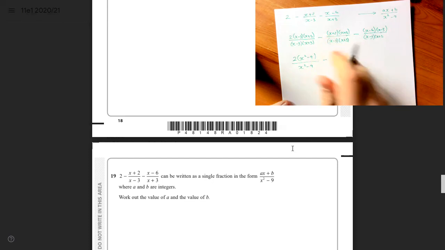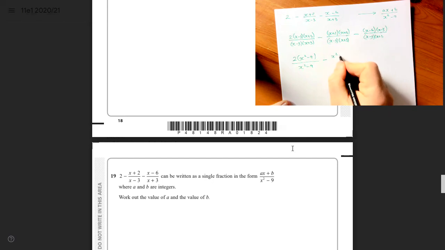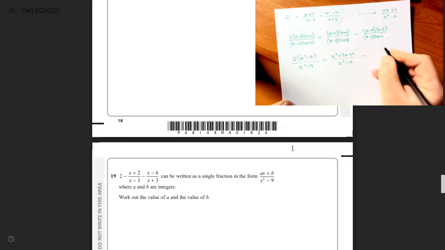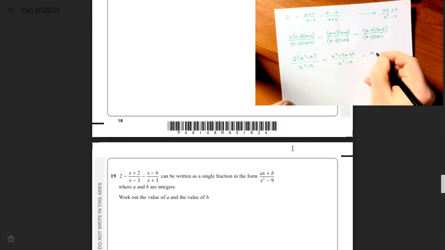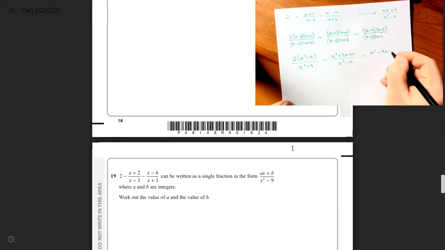So this gives me x squared 3x 5x plus 6 over x squared minus 9 minus x squared minus 9x plus 18 over x squared minus 9.